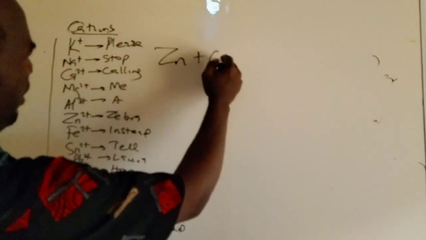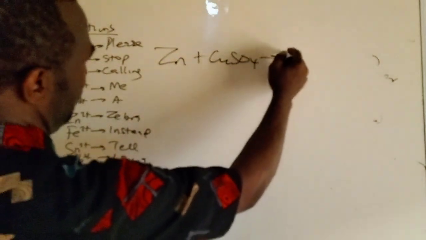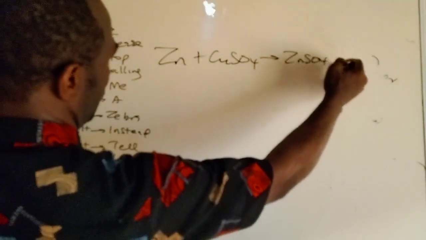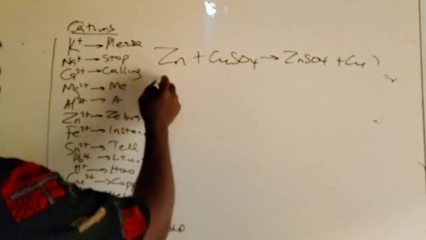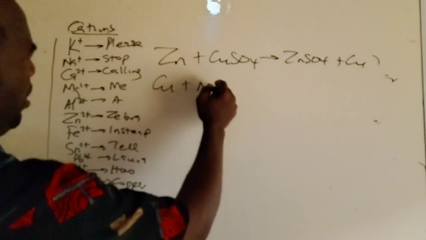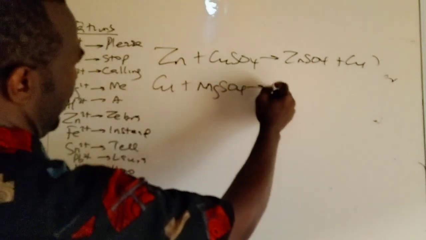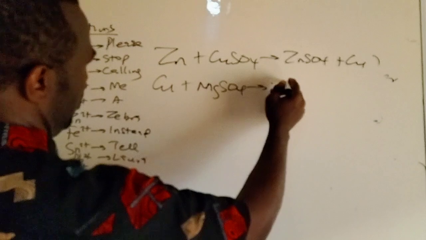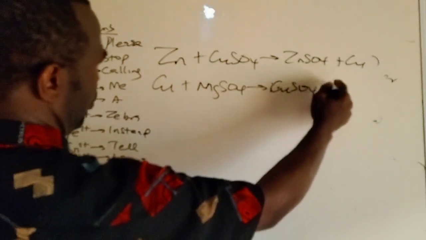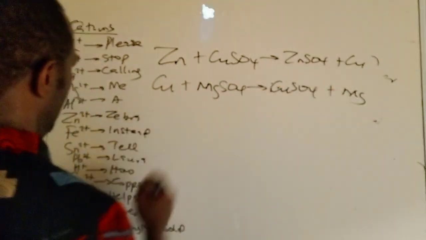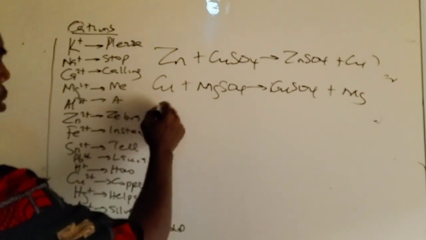Now, how does this help us to predict? Let's look at these reactions and see which of them are feasible, or can take place as displacement reactions in chemistry. So that could be a question. Let's see.